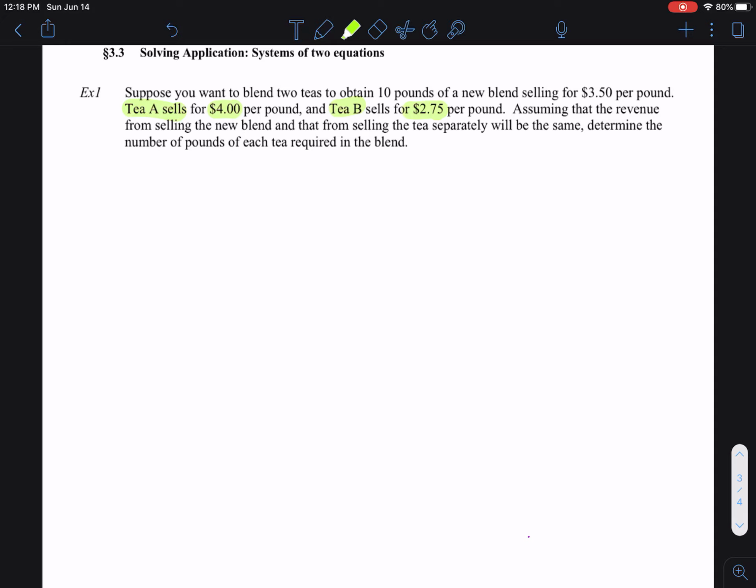We're also assuming that the revenue from selling the new blended tea and from selling the teas separately will be the same. We want to determine the number of pounds of each tea required for this blend.